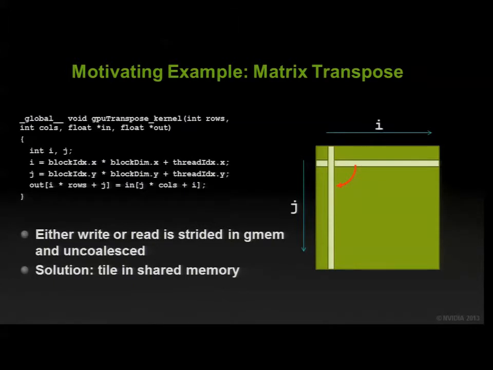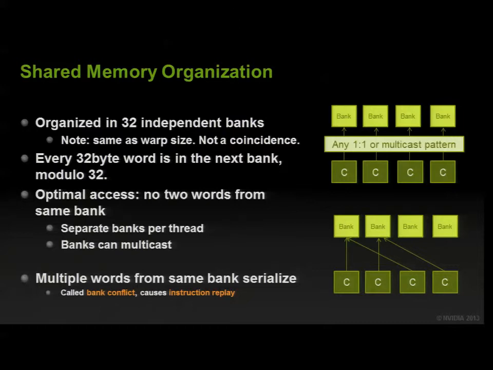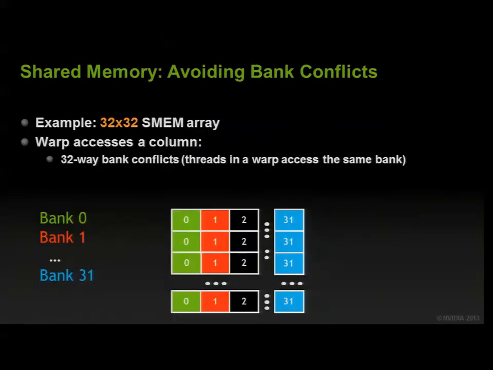Now remember our matrix transpose example that we had yesterday, right? What we said is we load our data from up there into shared memory, and then we transpose it and write it back out. Okay, I have a colored example here.